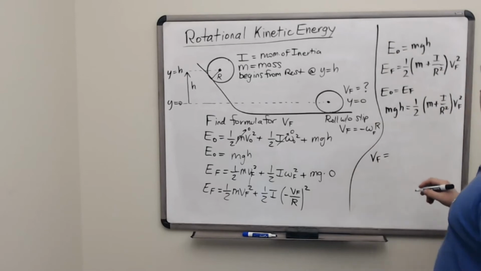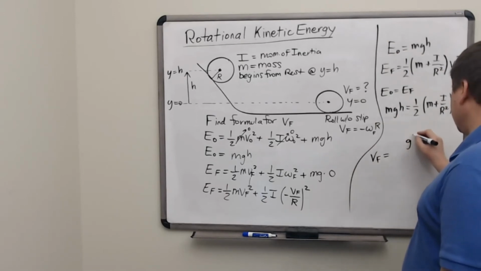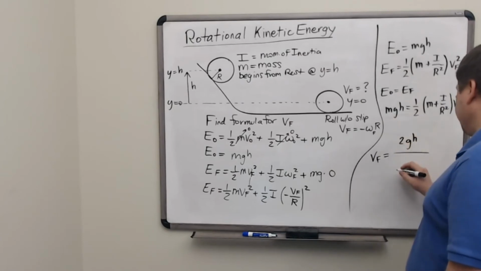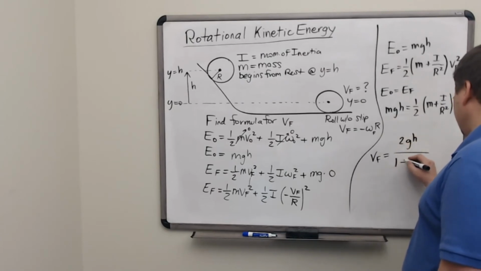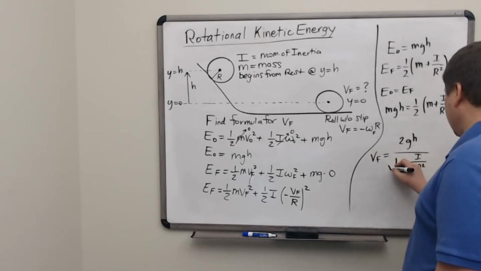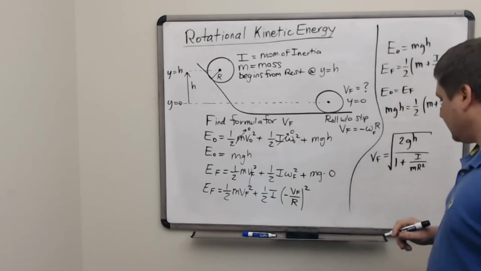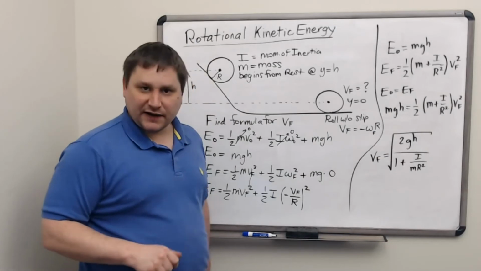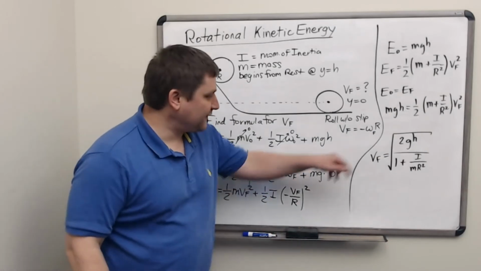When I do that, I'm going to get gh times 2 divided by 1 plus the moment of inertia divided by the quantity mr squared. That entire expression must be calculated and then a square root taken to get the final velocity.